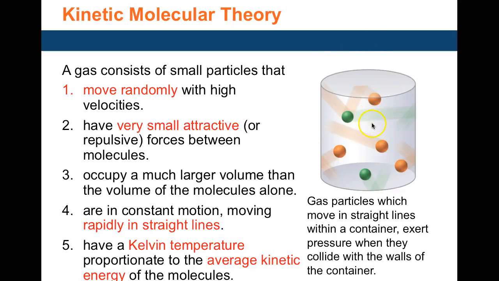Now that is very typical of objects when they collide, but gas particles are not like ordinary objects. When they collide, they're not losing any energy whatsoever, all right. All of their energy is always maintained, so the collisions are completely elastic.